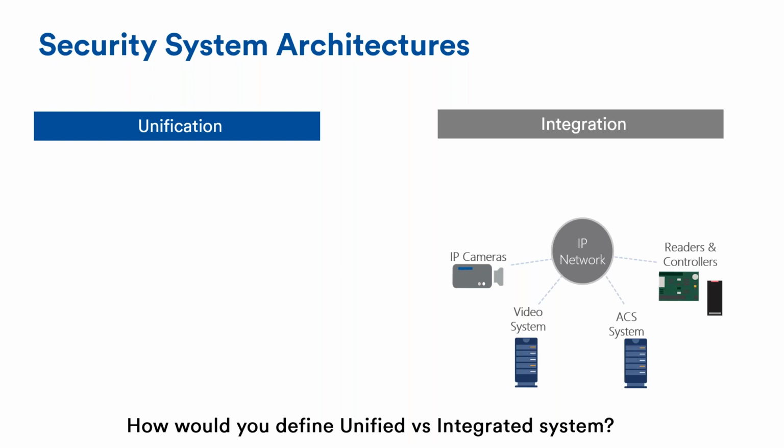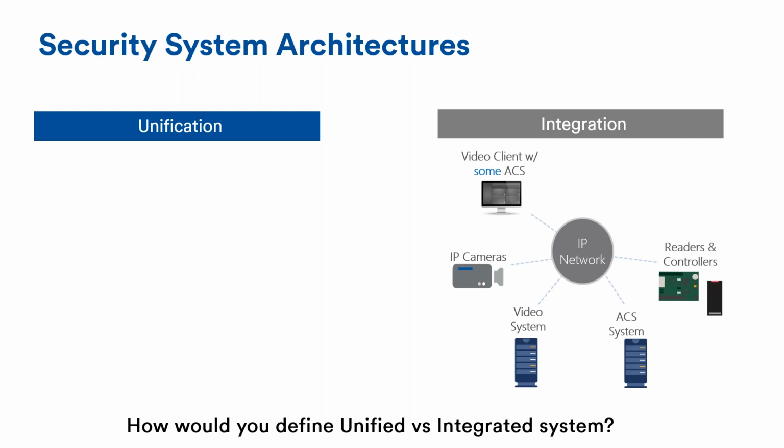So for your access control system, you would need obviously an access control management platform to go with it as well. Now, if we wanted to be able to view our IP cameras, we would need to have a client software that can log into our video system and be able to view those cameras.